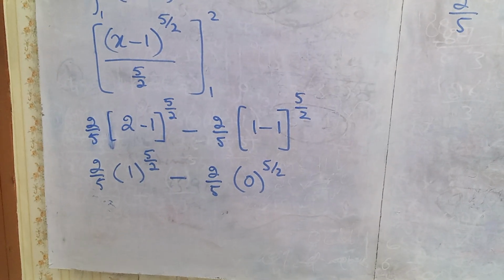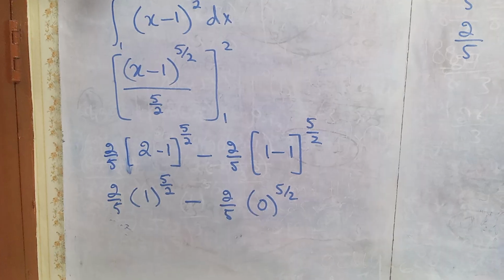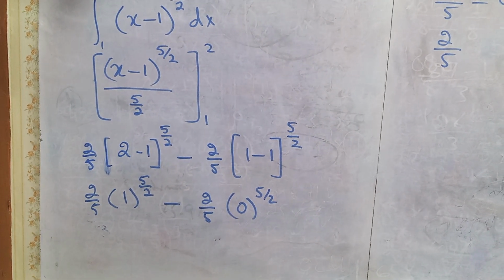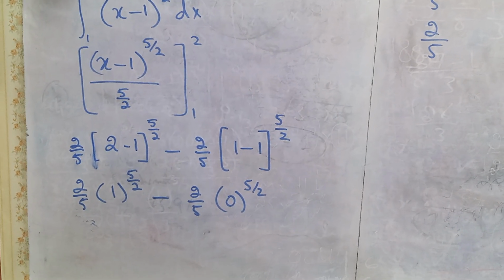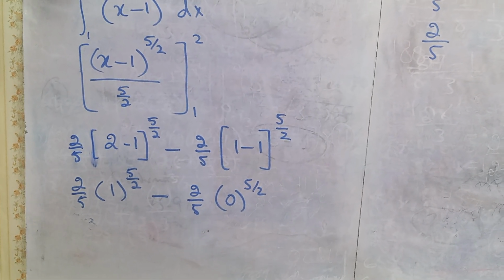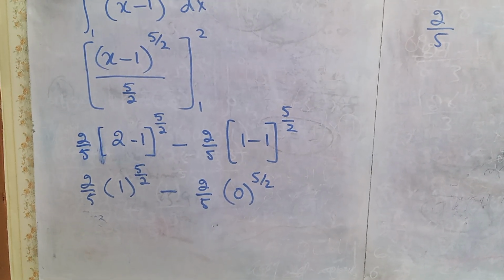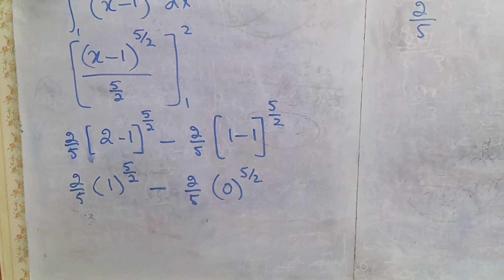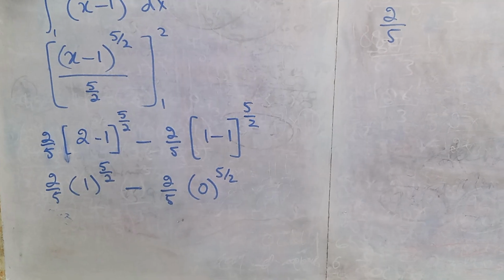The 5 by 2 will come upstairs, so 2 by 5 into, in the place of x we have substituted 2, so (2 minus 1) whole raised to power 5 by 2, minus, now in the place of x I will substitute 1, so 2 by 5 into (1 minus 1) whole raised to power 5 by 2. 2 minus 1 is 1, so 1 raised to power 5 by 2, minus 2 by 5, and 1 minus 1 is 0, so 0 raised to power 5 by 2.